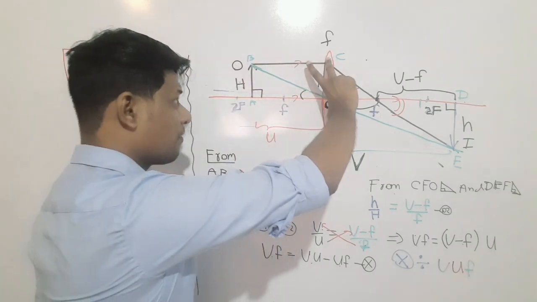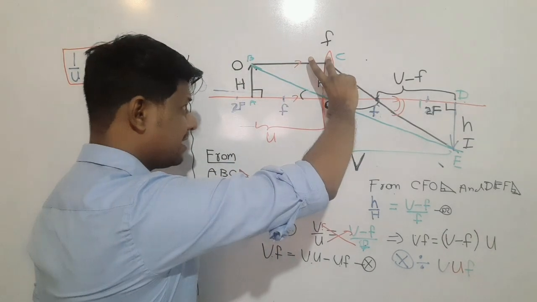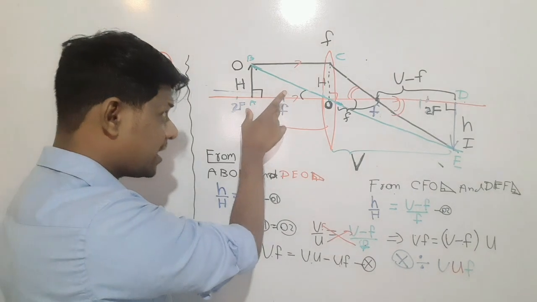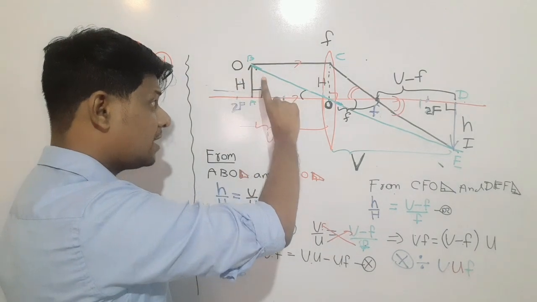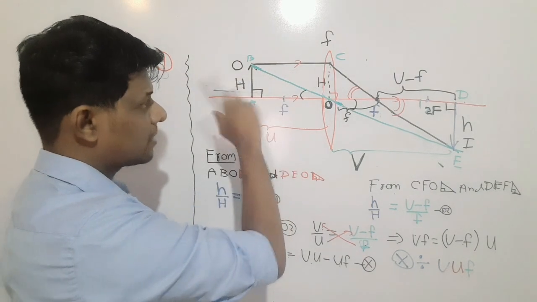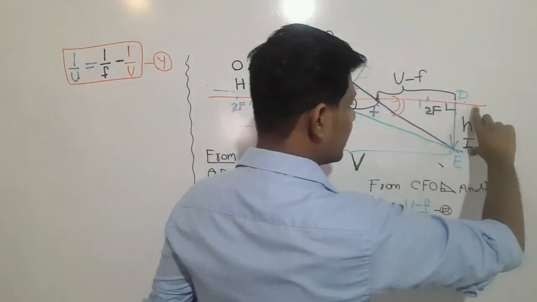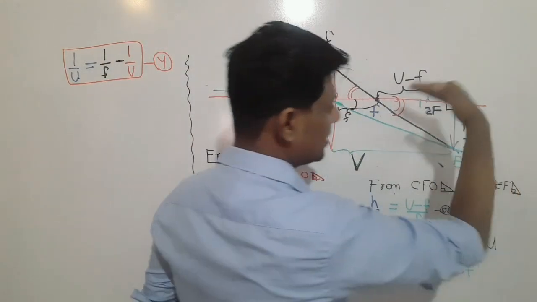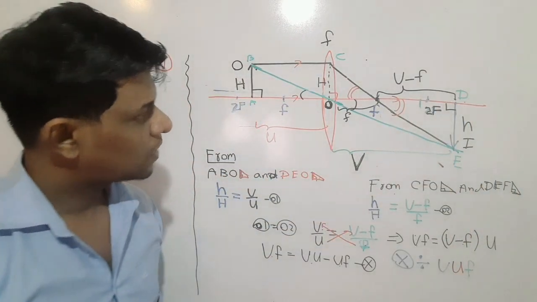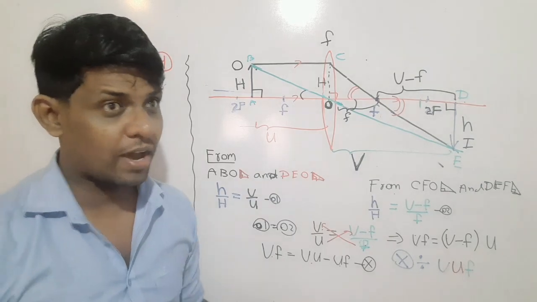See, this is a convex lens I placed here, and I placed the object in between F and 2F, and I have a real, enlarged image on the other side. Only for this condition it is valid.